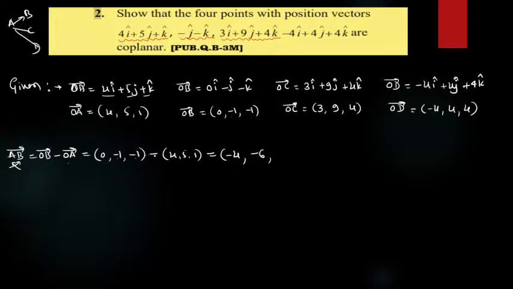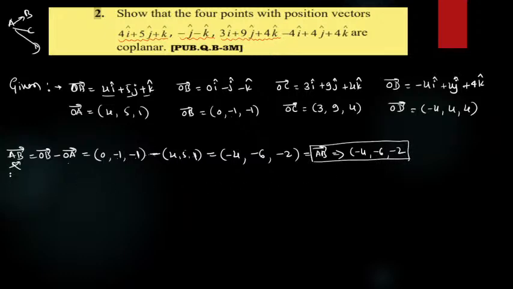Next, -1 minus 1 is -2. So now you got your AB with components -4, -6, -2.